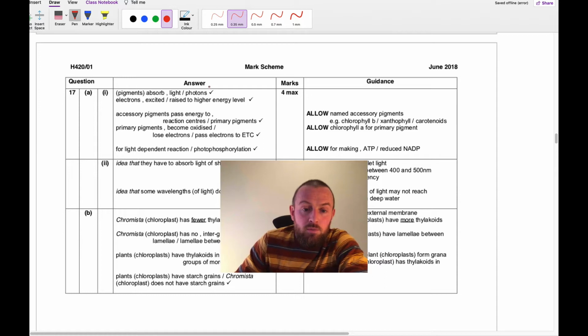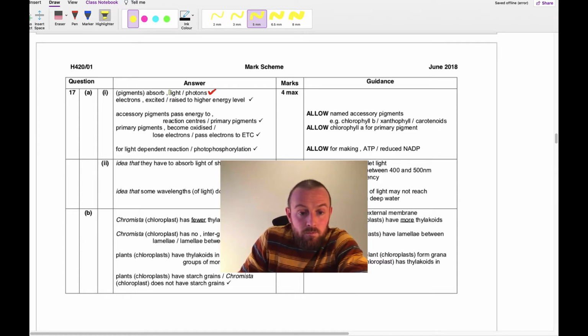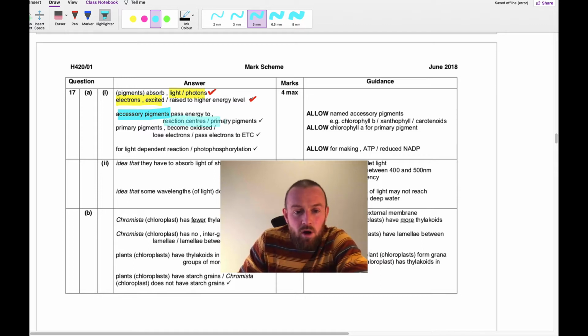Okay, so pigments absorb light or photons. Electrons excited. Yeah, talking about electrons. And then we're talking about the different types of pigment. Accessory pigments, passing to reaction centers. So this is 1 mark for all this stuff.